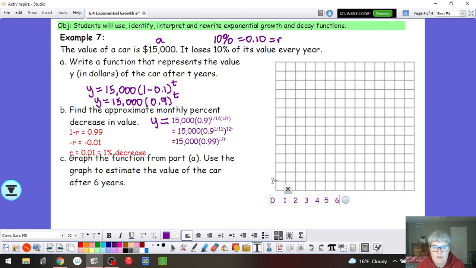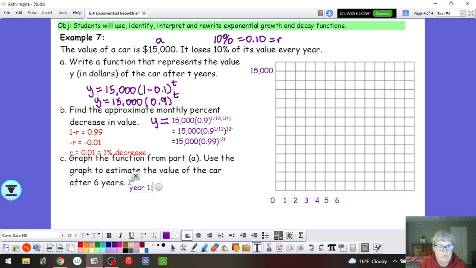So when I put 0 in for t, this 0.9 is going to be to the 0. So we're going to have 15,000, and I'm going to put 15,000 up here as our starting value.